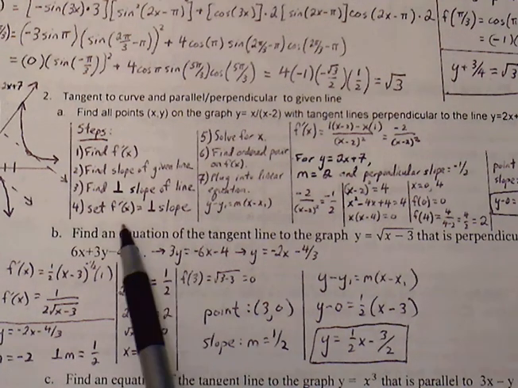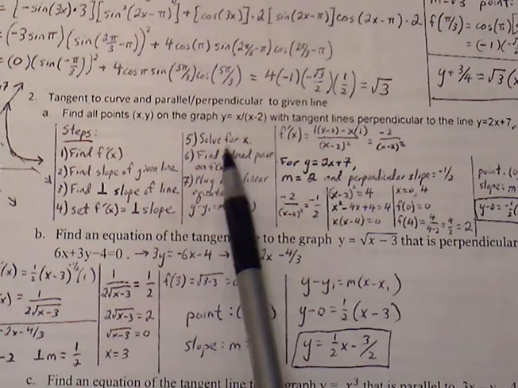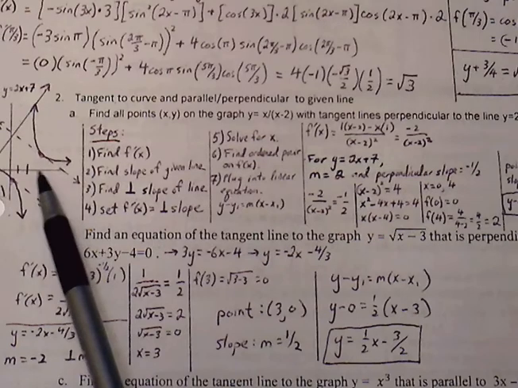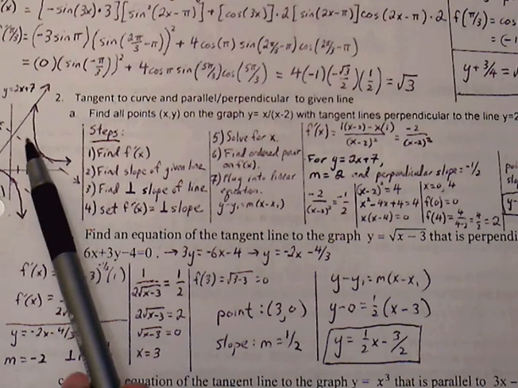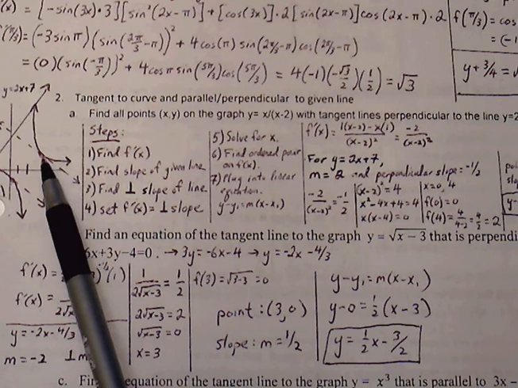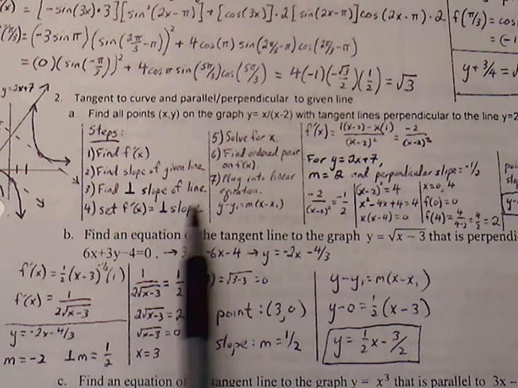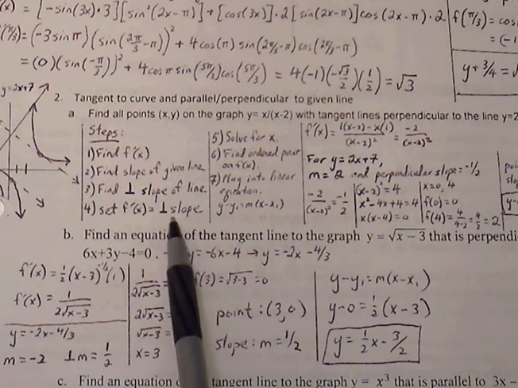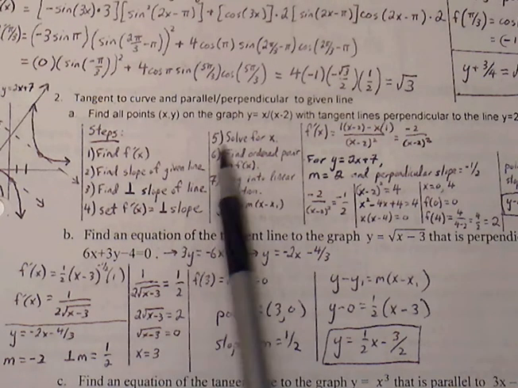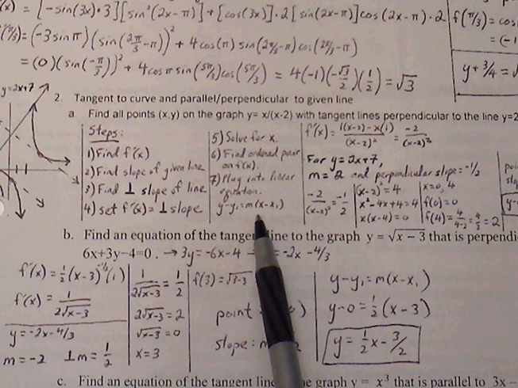Once we have that, we can solve for x. Once we solve for x, we know this point. Once we have the point, we can plug into the function to find the ordered pair. And once we have the ordered pair and the perpendicular slope, we can write the linear equation of our line.